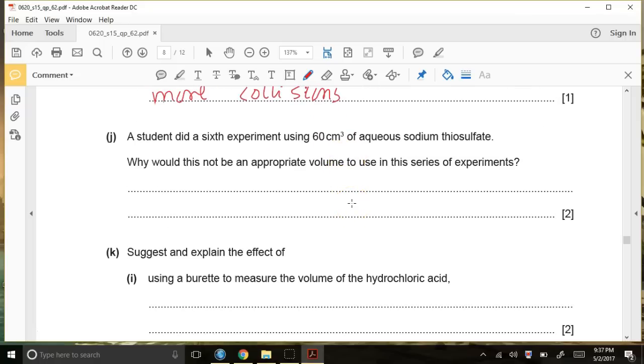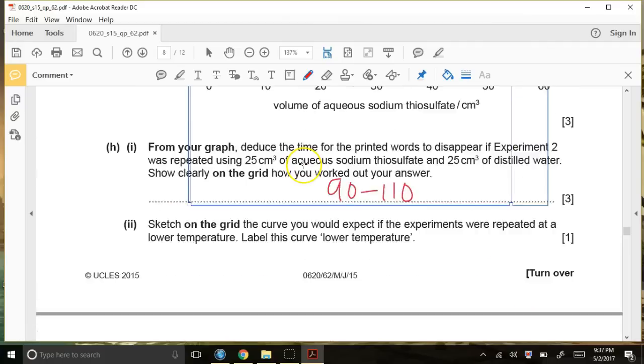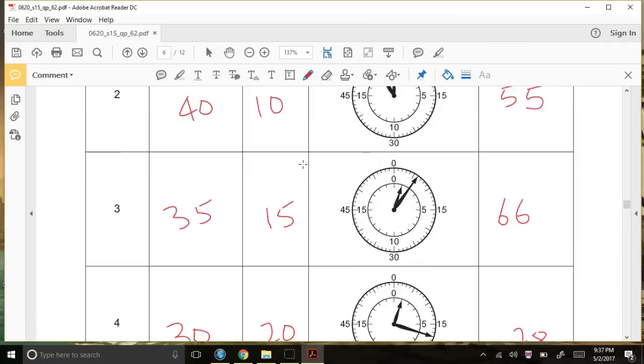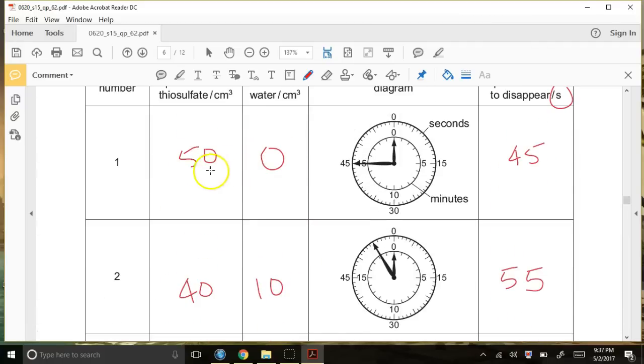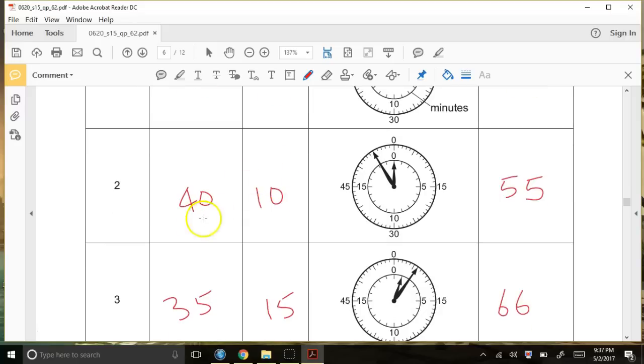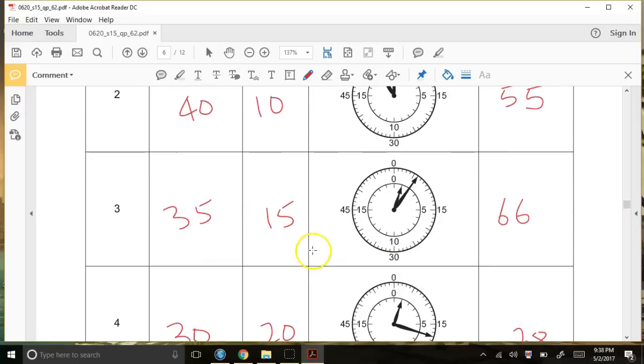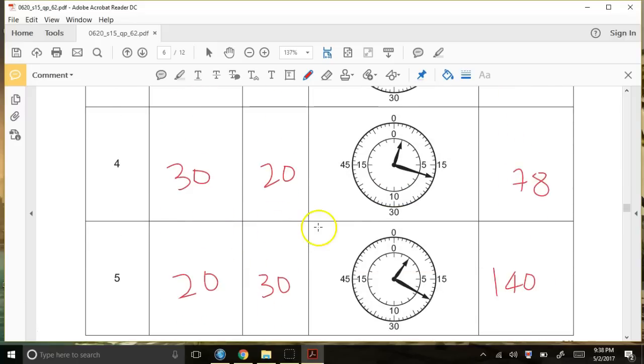Next question, it talks about a student who did one of the experiments using 60 cm cube of thiosulfate. Why wouldn't this be appropriate? Well, if you quickly go back to the previous page, if you notice the total volume, 50 plus 0 is 50, 40 plus 10 is 50, 35 plus 15 is 50, 30 plus 20 is 50.